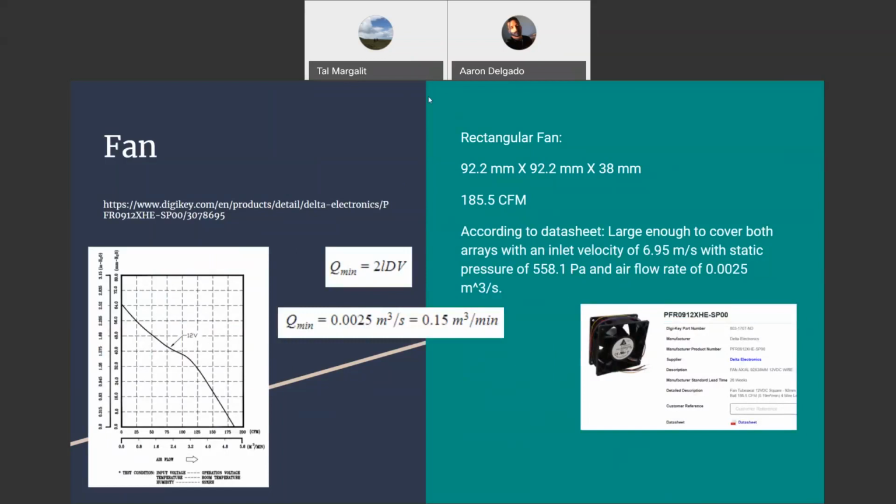The power required for airflow across the fin array is directly proportional to the static pressure difference, which was again calculated to be 558.1 pascals. Using the datasheet provided, we found that the PFR0912XHESP00 meets both volumetric airflow and pressure parameters for our design.